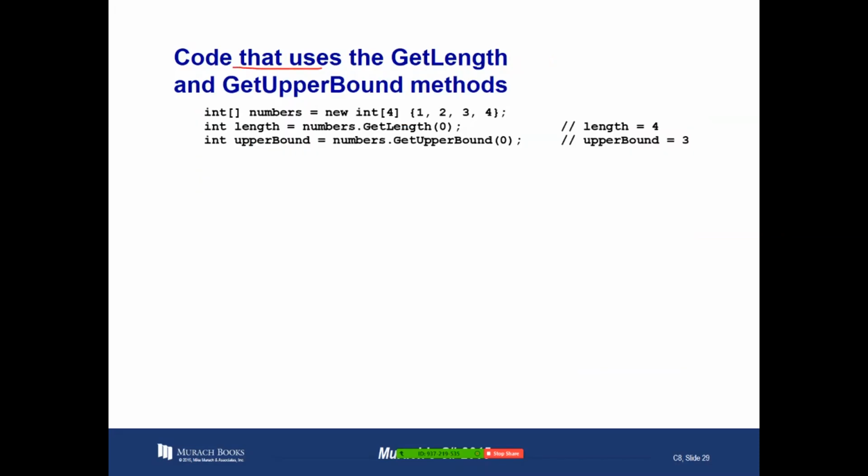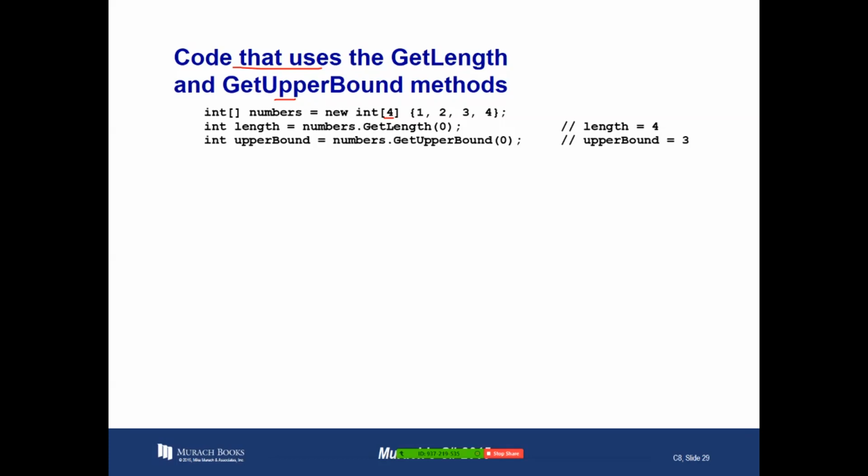Here is code that uses the GetLength and the GetUpperBound. So let's say we have an array of numbers here. It looks like this. It's got 4 elements, 1, 2, 3, and 4.